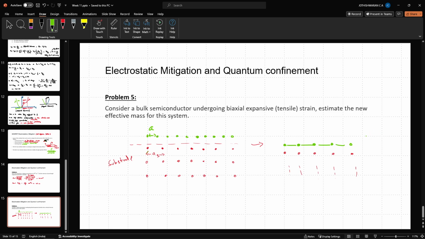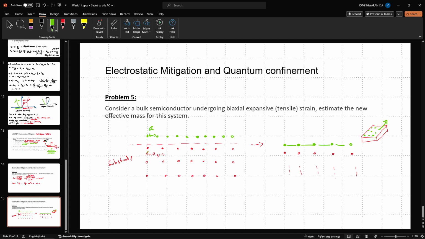So for a 2D device, if I have a substrate that is like this, then depositing a material on this, let me just do 9 dots to make things simple.